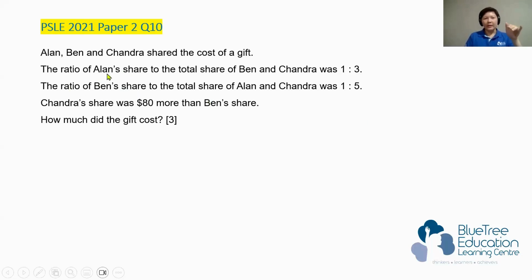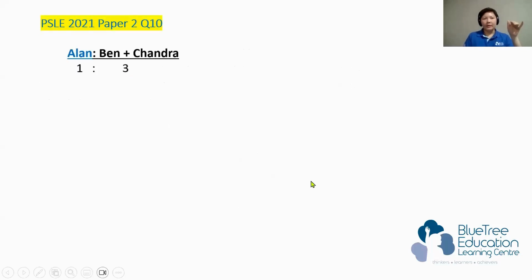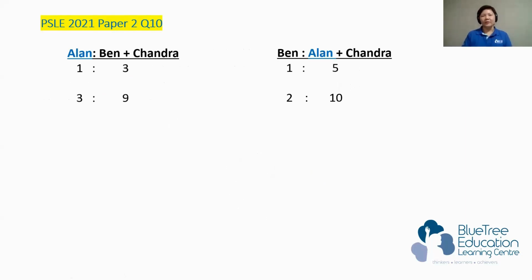But when you see, the logic is Alan's money to Ben and Chandra, followed by Ben's money to Alan and Chandra. Can you see? ABC's names were being repeated, but the pairing is different. So we have to ensure that ABC add up together becomes 12 units.